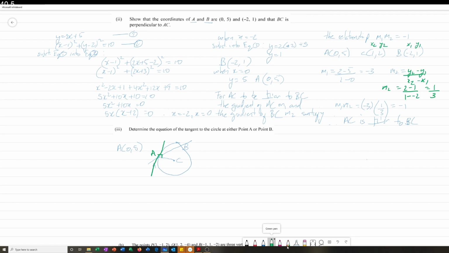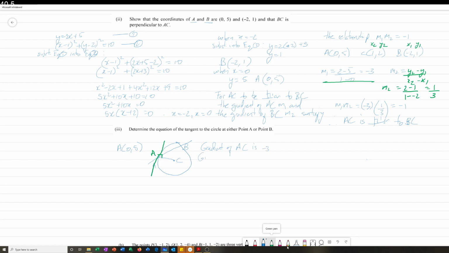So the gradient for AC, which we have already, is actually minus 3. So remember, we found the gradient for AC to be minus 3. So the gradient of AC is minus 3.